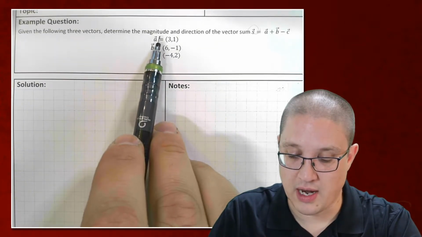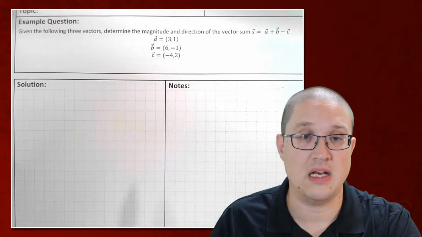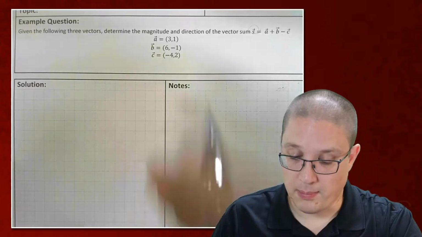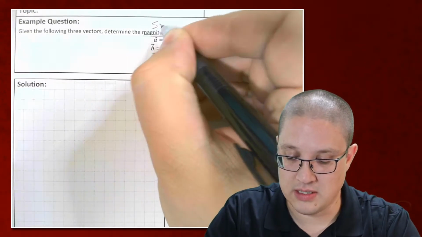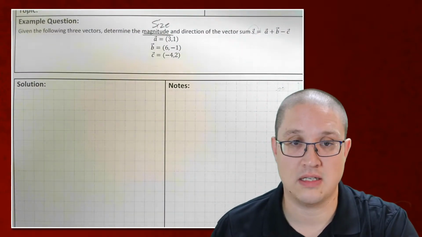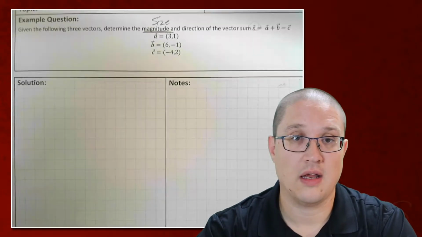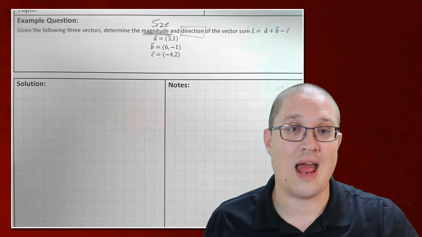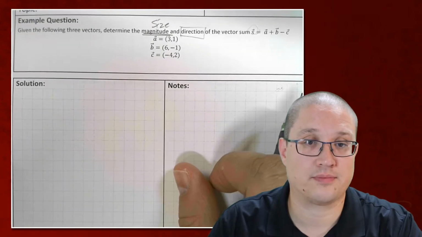So what I'm trying to do is add these 3 vectors together, positive a, positive b, negative c, and work my way through there. So a couple of things. Remember magnitude. Another name for magnitude is the size or the number attached to it. So the distance or something like that. The direction is an angle or a cardinal direction, or something else like that.